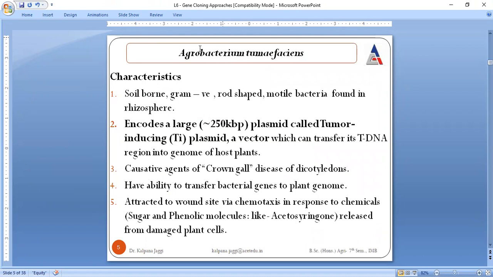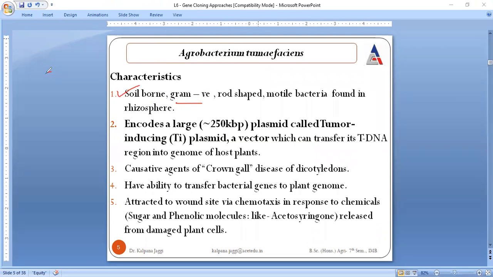Very first, because we said it is a natural genetic engineer, it is available in the soil. That means if we talk about its availability, these are born in the soil and so are available in the soil. Secondly, these are gram negative bacteria.